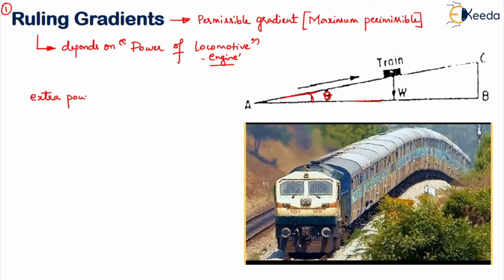Right, now we need some extra power for pulling the train up the gradient or up the slope theta. Suppose on AB we need some amount, but for going on AC, what will happen? Because it's making an angle theta, we need some extra power. Now say W is the load here, theta is the slope here, right? We need some extra power P which is required to pull the train upward.